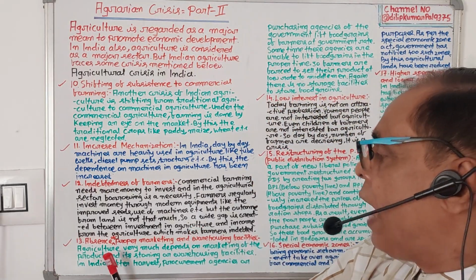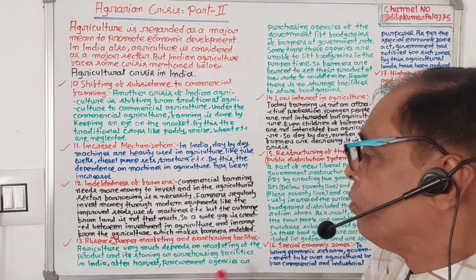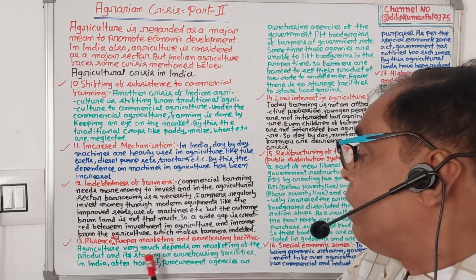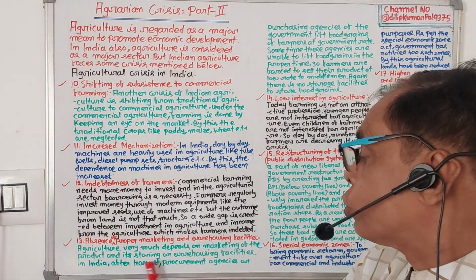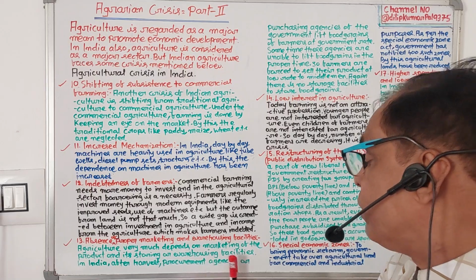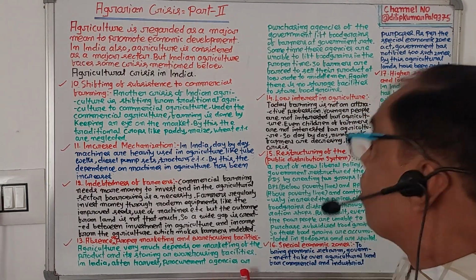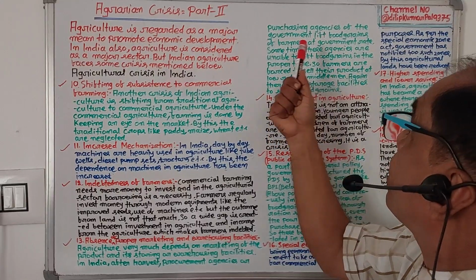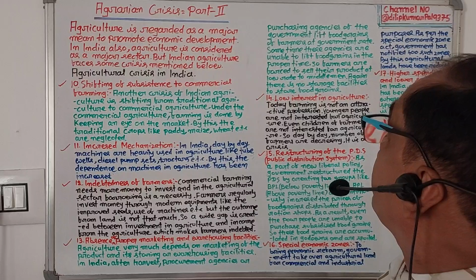Number 4, absence of proper marketing and warehousing facilities. Agriculture very much depends on marketing of the product and its storing or warehousing facilities. In India, after harvest, procurement agencies or purchasing agencies of the government lift food grains of farmers at government rate.